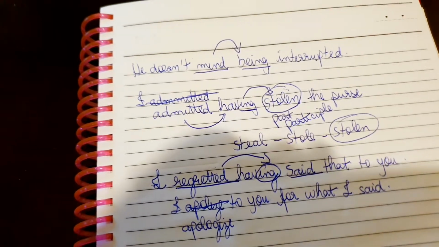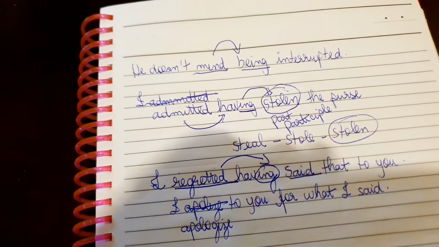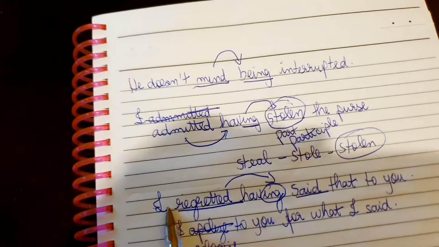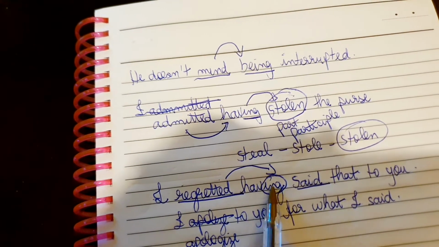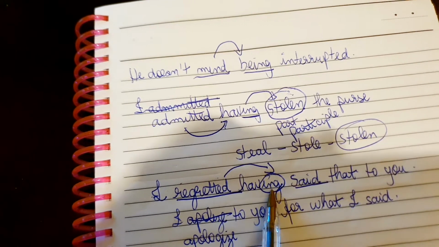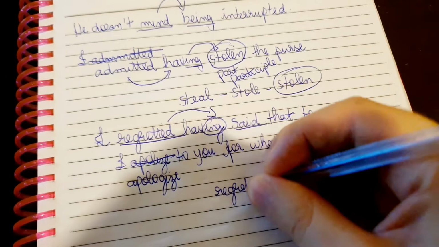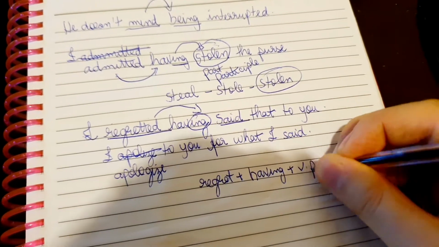So you have to memorize basically a list of verbs which are mostly used with ing, right? So I regretted. After the verb regret, the next one has to be with ing. And I can use this structure: regret plus having plus a verb in the past participle.